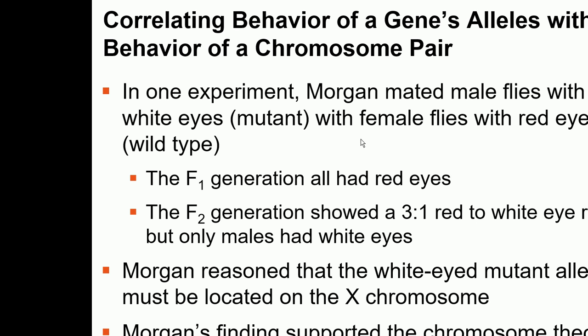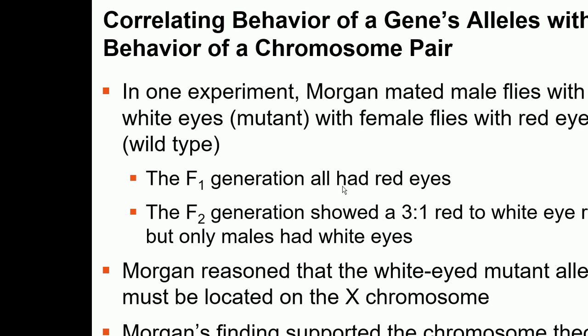Then in the F2 generation, the red to white eye ratio in the flies was 3:1, which means 3 flies had red eyes and 1 fly had white eyes, and only males had white eyes.